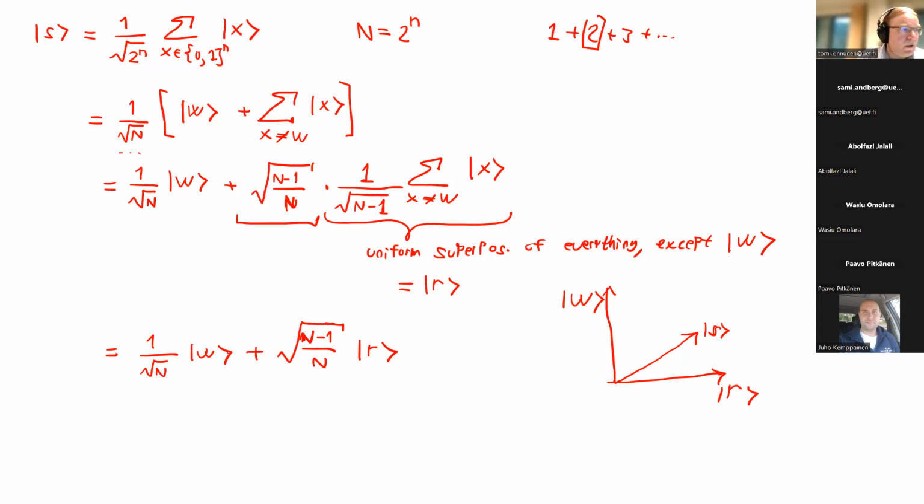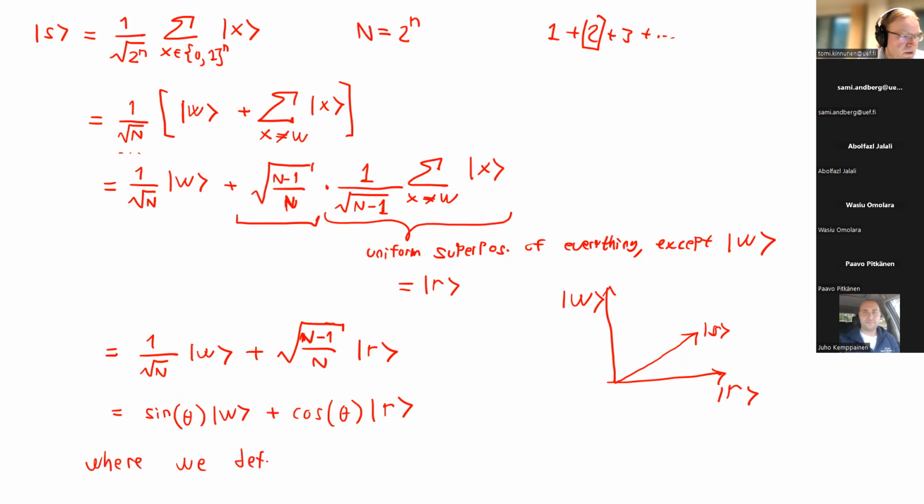Now we are simply going to reparametrize the probability amplitudes using an angle parameter. Let's call this sine of some theta times W, plus cosine of theta times R. What we have simply done is define these two.